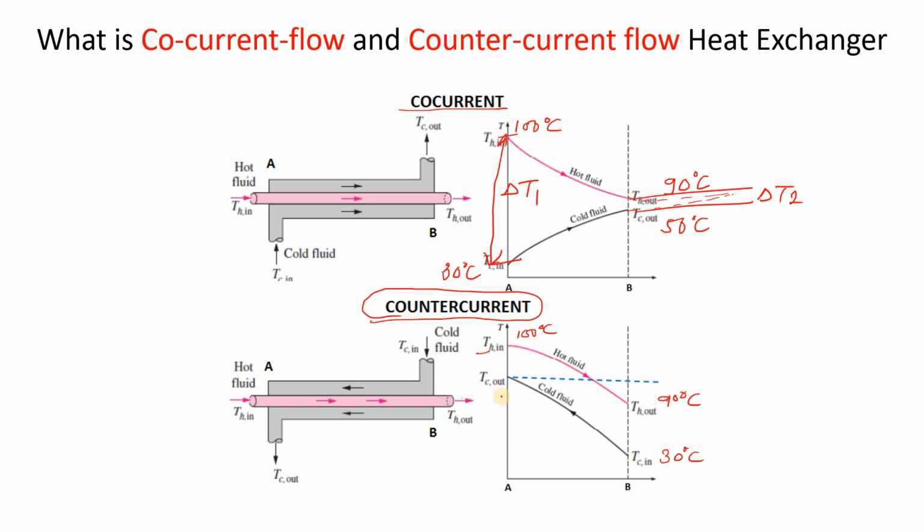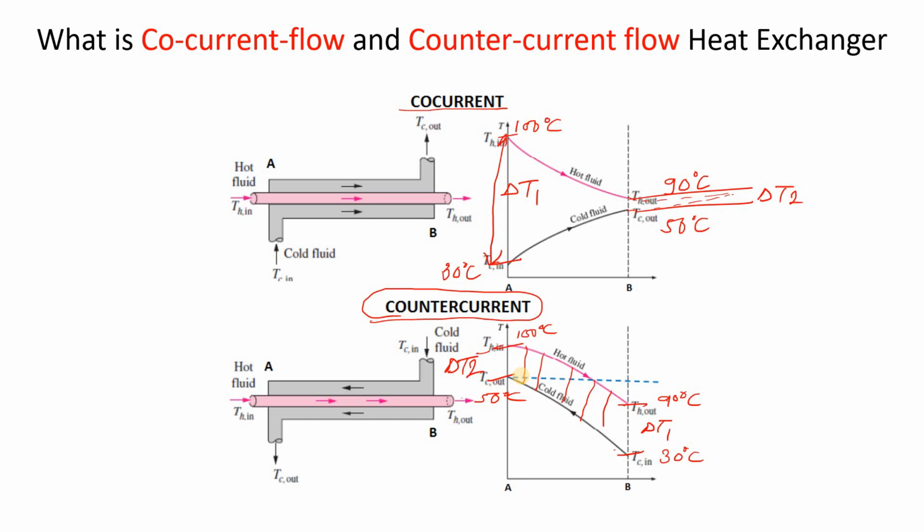Let's take the same, and the cold fluid outlet temperature is 50 degrees Celsius. But in a counter current flow, you will see the delta T1 here and the delta T2 here. Now what is the advantage of the counter current flow?